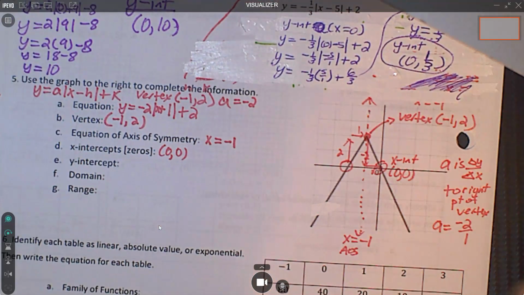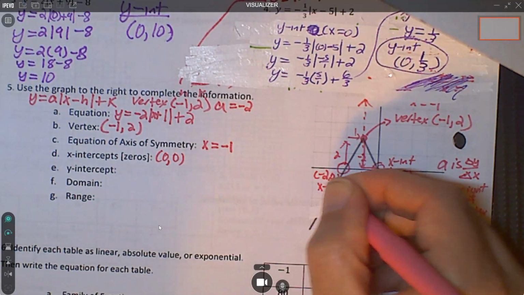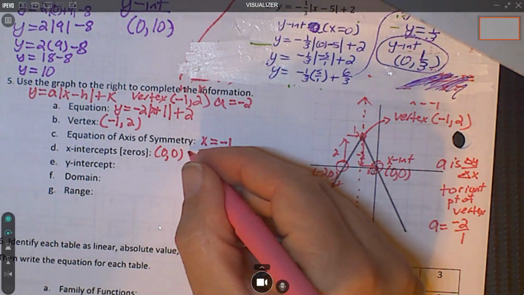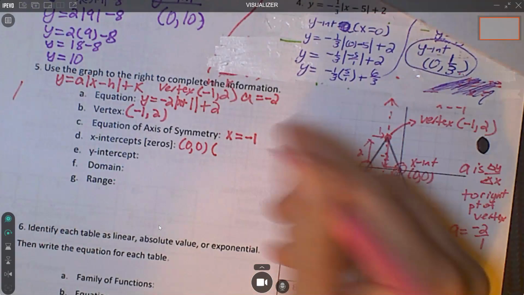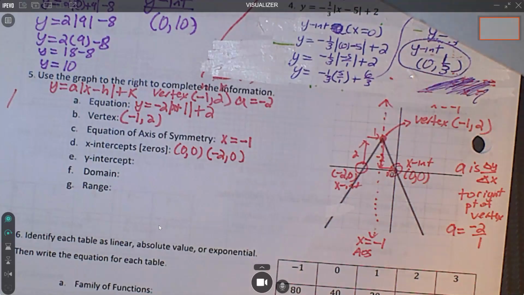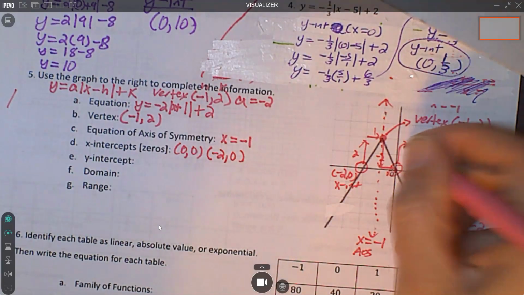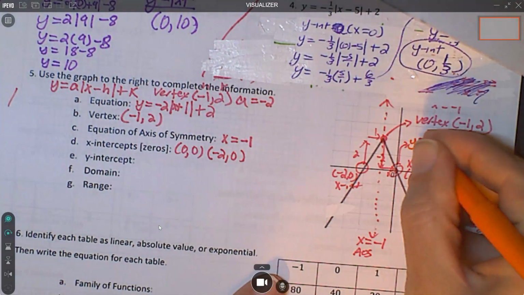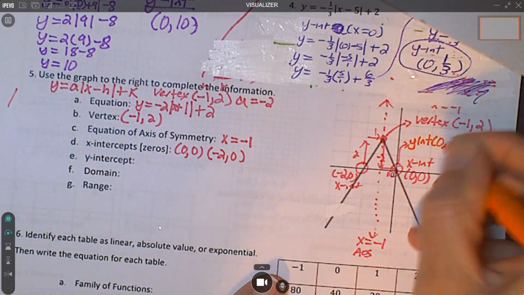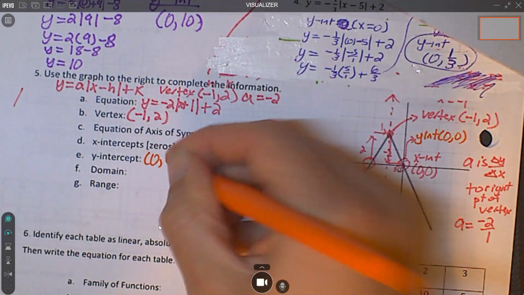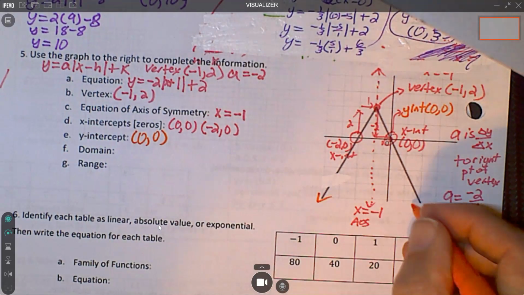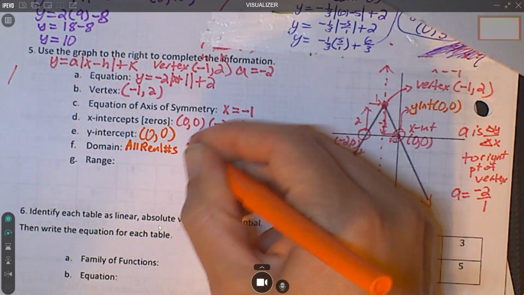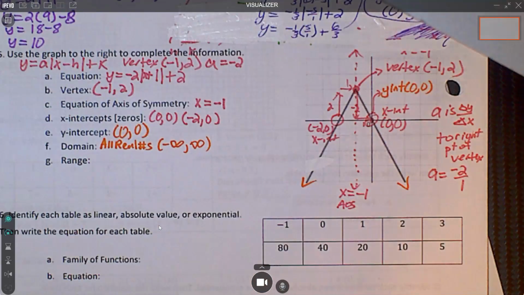And the y-intercept. Okay, domain. All real numbers. Negative infinity to infinity.